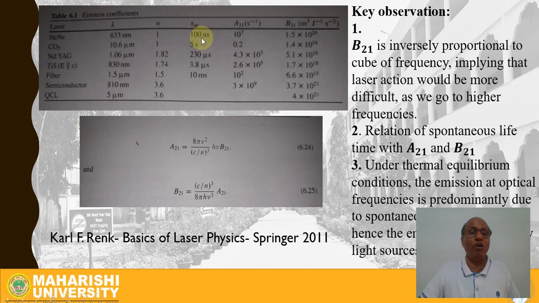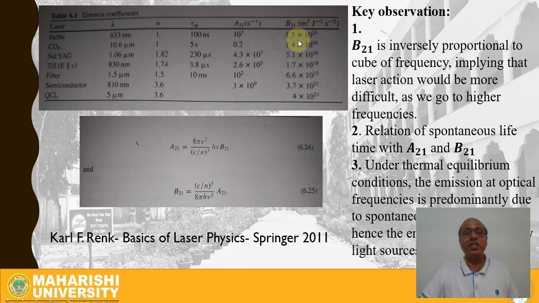That means it is very small. So for a small spontaneous lifetime, the A21, that is the spontaneous emission coefficient of Einstein, will be higher. Since it is higher, the spontaneous emission will be much higher, the lambda will be much less, and the refractive index here is 1.